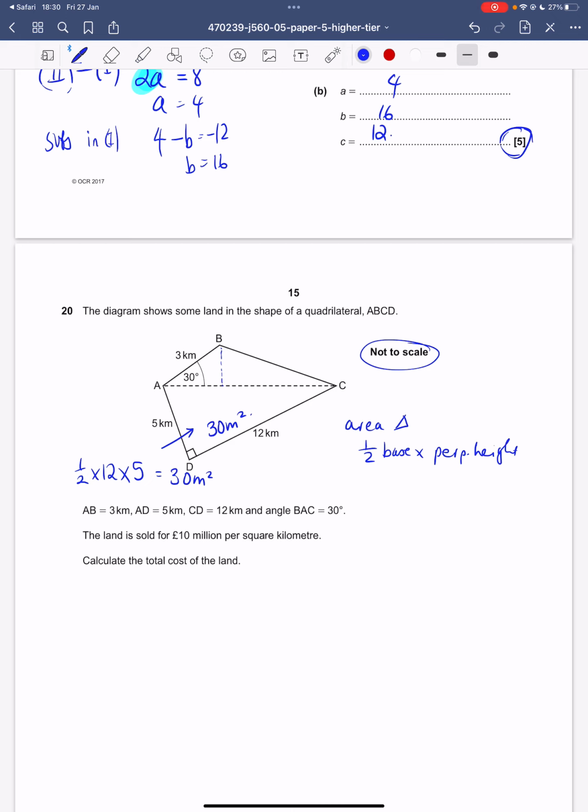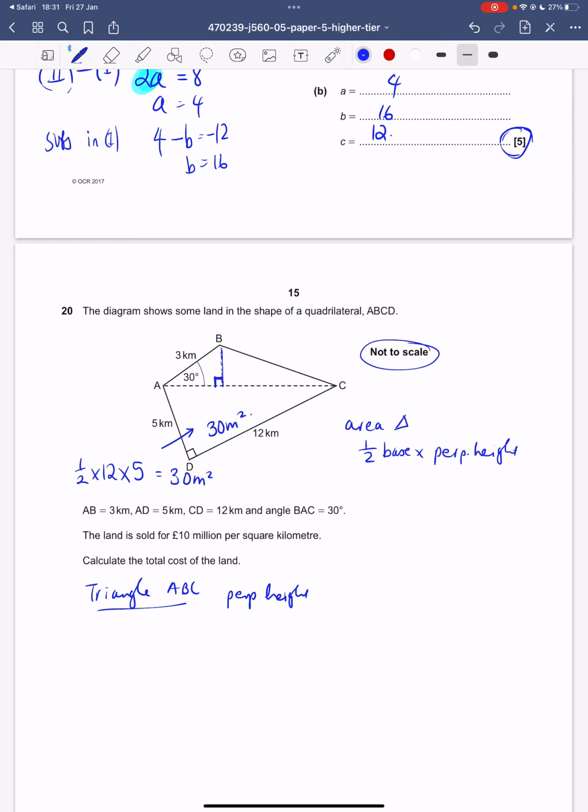So the top one, triangle ABC. The perpendicular height is what we need first of all. This is one of those where we have to use trigonometry, and it's one of the exact values that you need to remember. So the perpendicular height: that's the right angle there, we've dropped here.